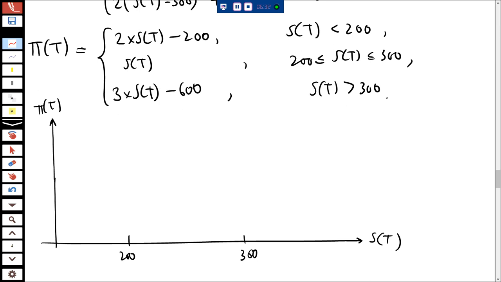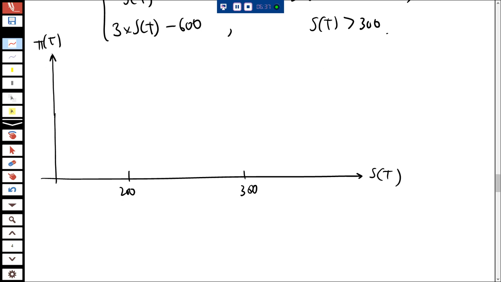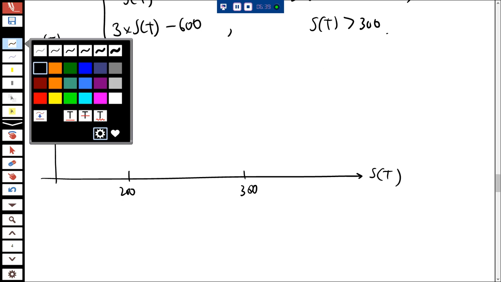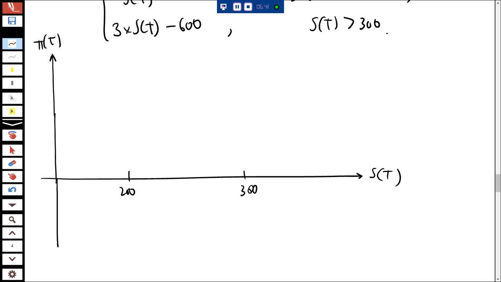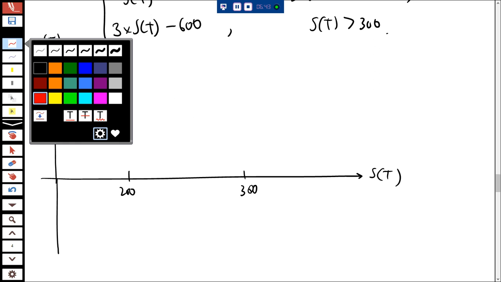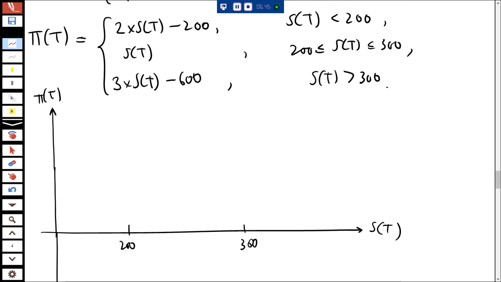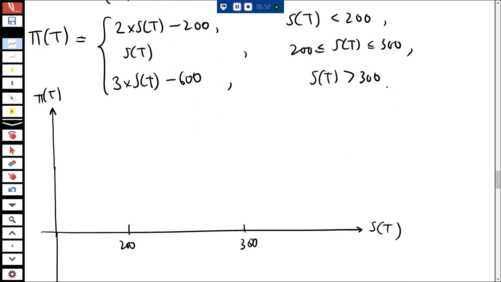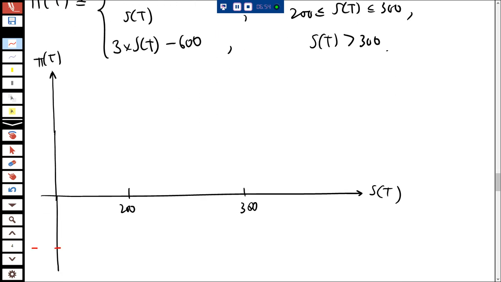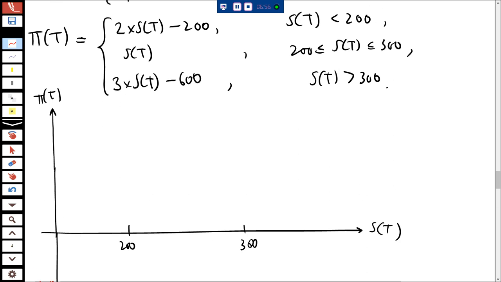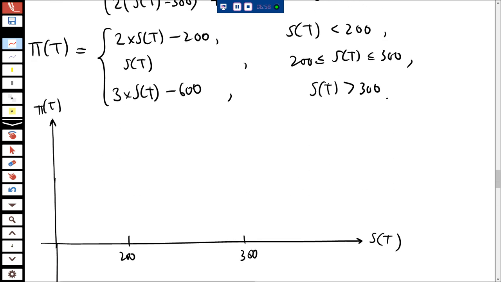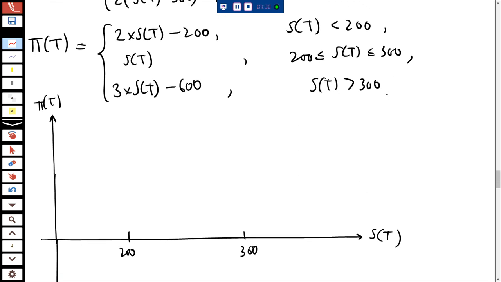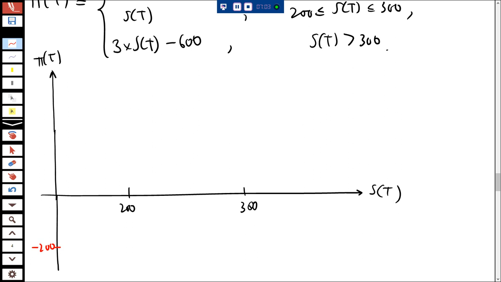How annoying. Oh, that's fine, I can just scroll a little. There you go, problem sorted. Okay, so let's just work at the endpoints. If we put in 0, we get minus 200. And if I put in 200, I get plus 200.